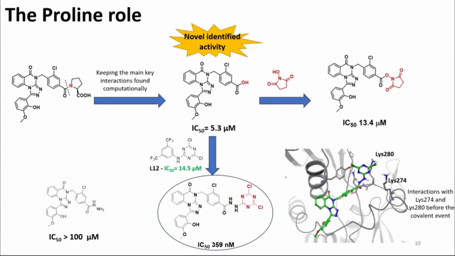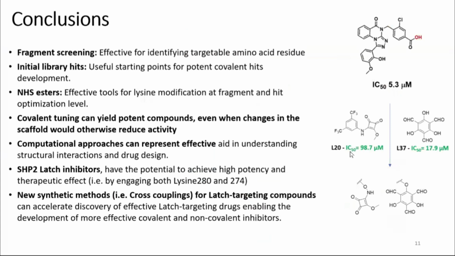Actually, we haven't finalized that because we were already getting some promising results. These are solvent-exposed lysines, so the pKa is generally estimated to be higher. However, even when they are solvent-exposed, it doesn't mean they cannot be tackled by a covalent mechanism.